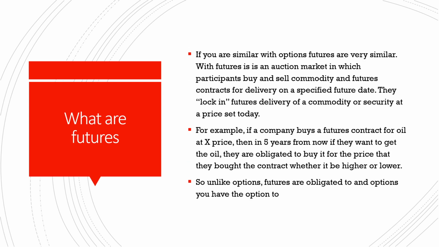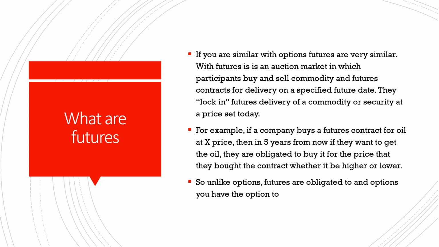What are futures? All right. If you're familiar with options, futures are very similar. With futures, it's like an auction market in which participants buy and sell commodity futures contracts for delivery on a specific future date. So they basically lock in future delivery of a commodity or a security at a price that's set today.